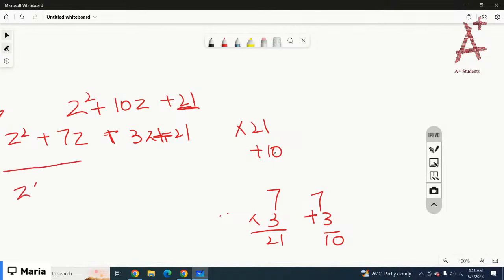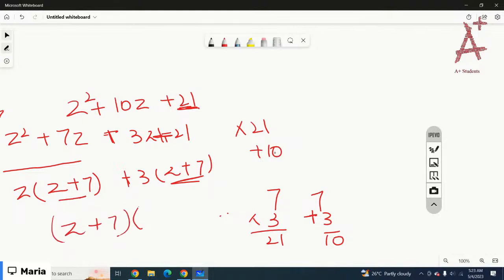Here you have z common, you are left with z plus 7. Here you have 3 common and you are left with z plus 7. So z plus 7 is a common factor and you are left with z plus 3. Got it? So the correct option is z plus 7 and z plus 3.